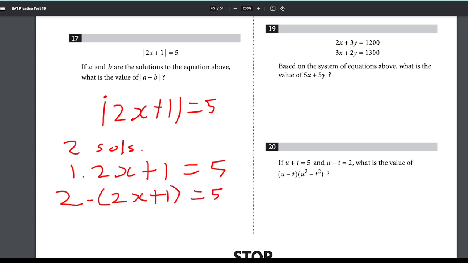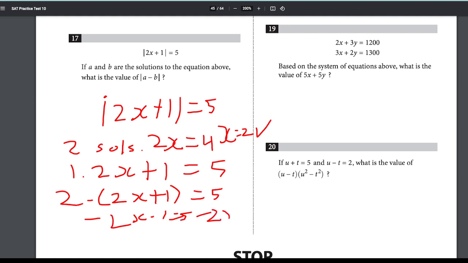So for the first solution, you would get 2x equals 5 minus 1, which is 4. So x equals 2. That's your first solution, and you can plug it in and it'll work out. For this one, though, you get negative 2x minus 1 equals 5. So negative 2x equals negative 4. So x equals negative 2.